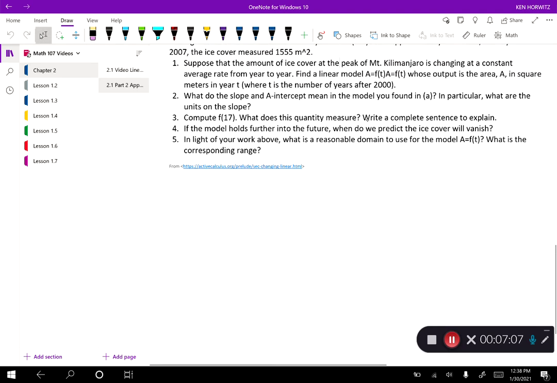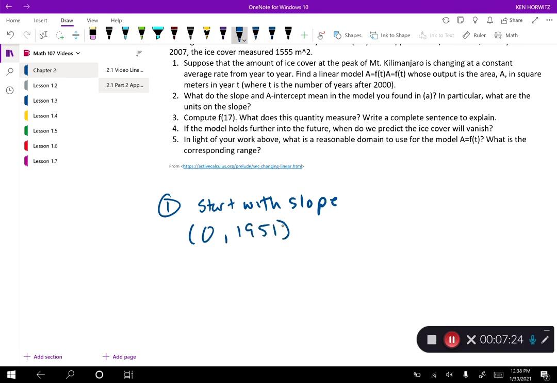So if we're looking for a linear model, we're going to start with our slope. All right, and in year 0, how much ice cover do we have? We have 1,951. And if 2007 would be year 7, we have 1,555.